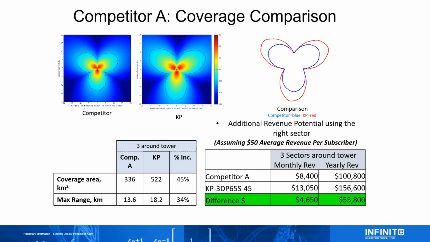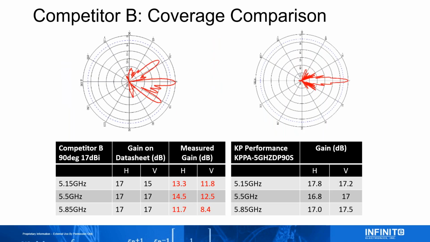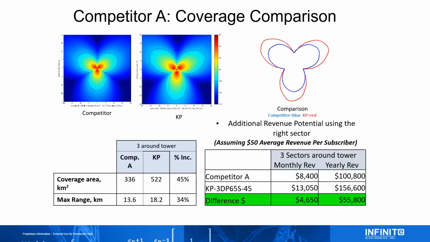What does this mean though? Once it's in the field, even though the KP antenna might cost a little bit more, because you're reaching farther out, you're going to be able to pick up a few more clients. Not only that, on your existing clients, you're going to be able to see that increase in signal strength, maybe increase in modulation rate. You can offer them a higher package because they're getting higher throughput.